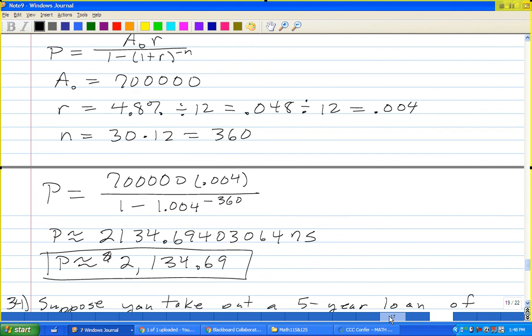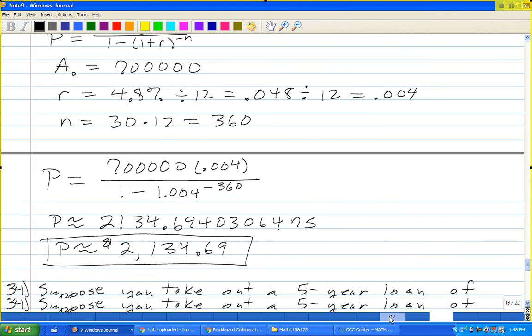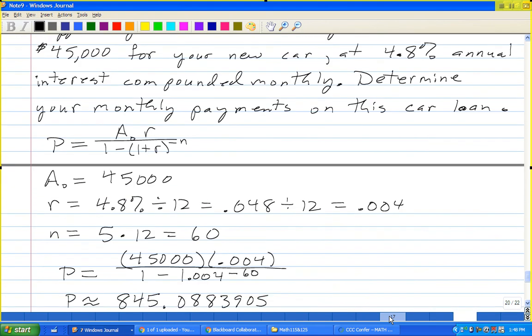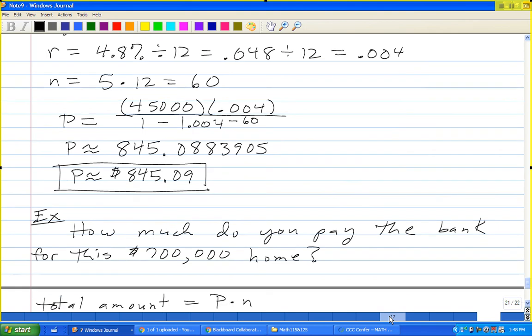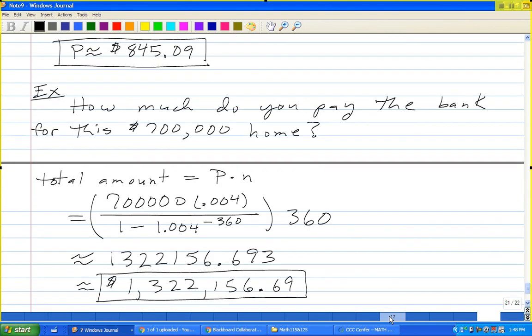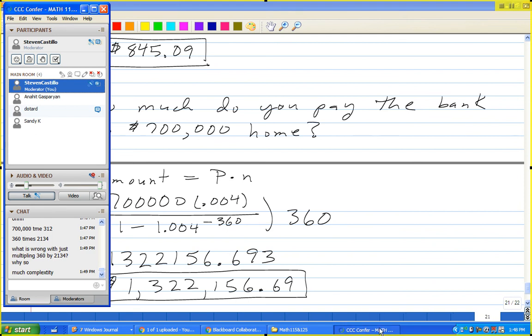Okay, so that's how much you will be paying off. So your $700,000 home, you're paying about double that amount.